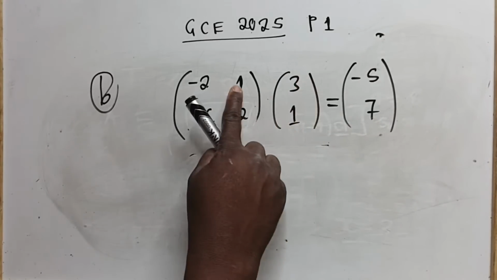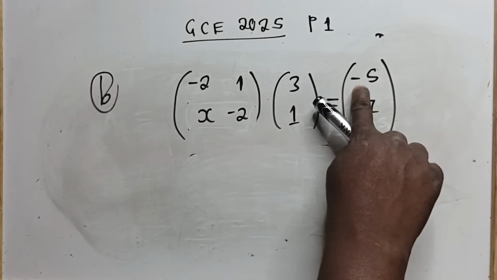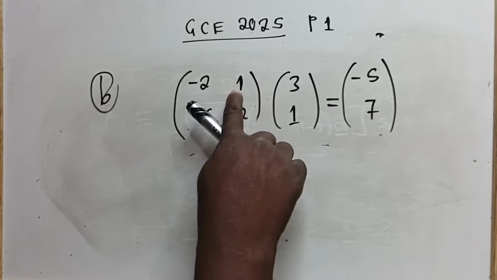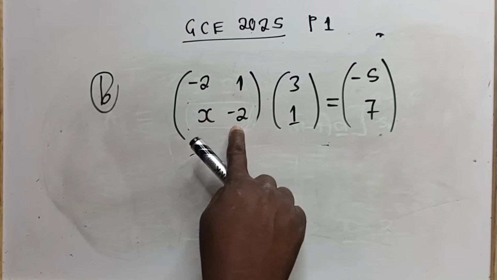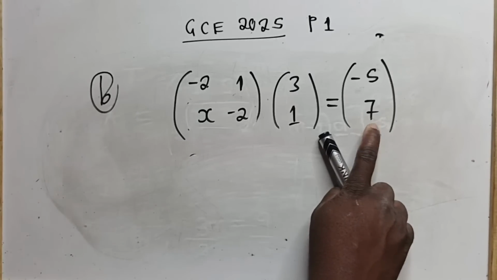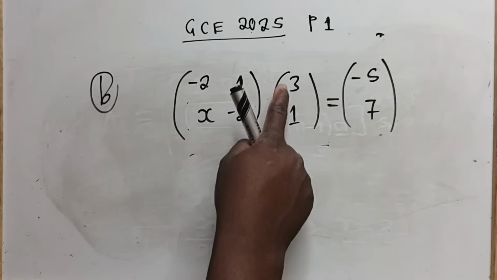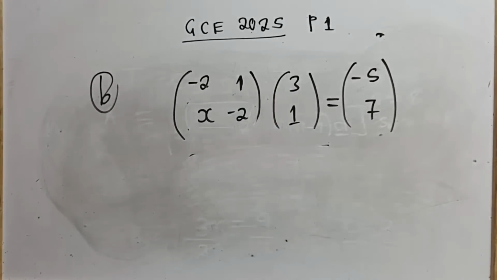So this row, when you multiply it by this column, will be equal to the top number. Because of this row, it's on top. The bottom row multiplied by this column will be equal to the bottom answer here. Okay. So that's how it is. So that's how I got this one. By this, we got what is down here.